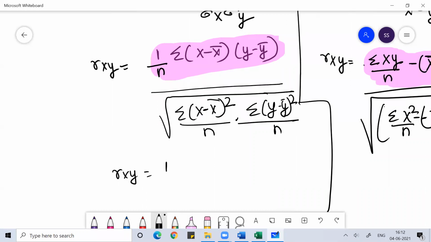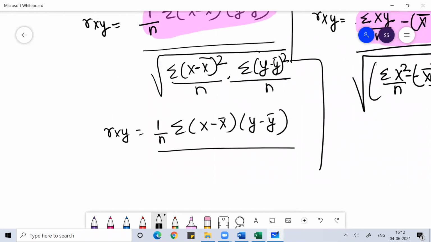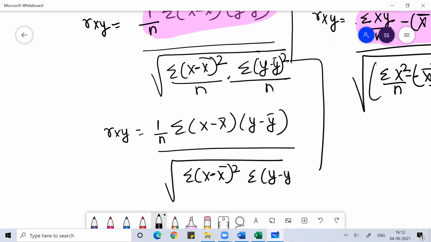So r is equal to 1 by n summation of (x minus x bar) into (y minus y bar), divided by under root of summation of (x minus x bar) whole square into summation of (y minus y bar) whole square by n square.